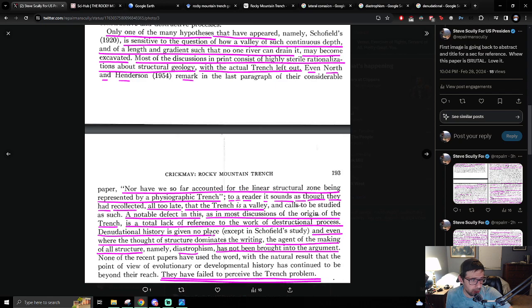Denudational history is given no place. So no one's really considering erosion. And even where the thought of structure dominates the writing, the agent of the making of all structure, diastrophism, has not been brought into the argument. They have failed to perceive the trench problem.